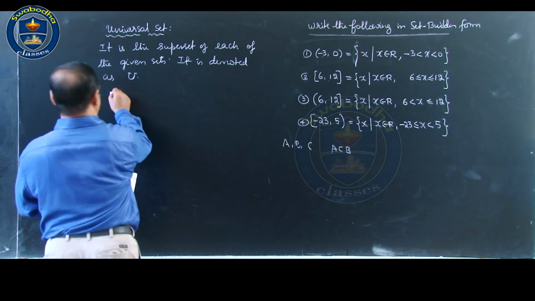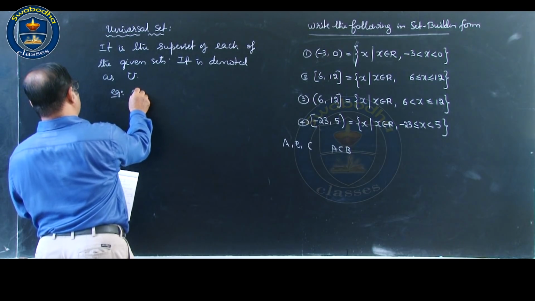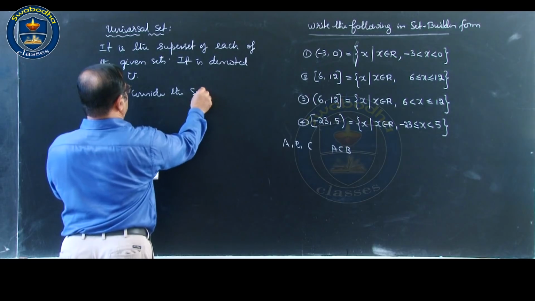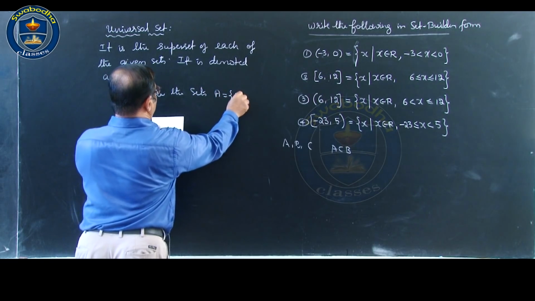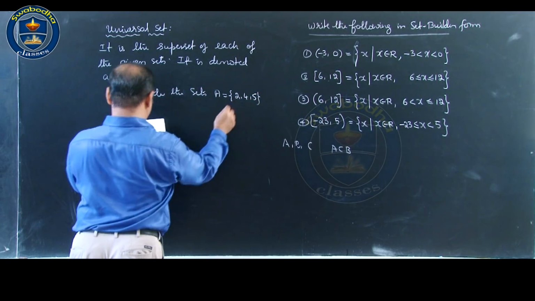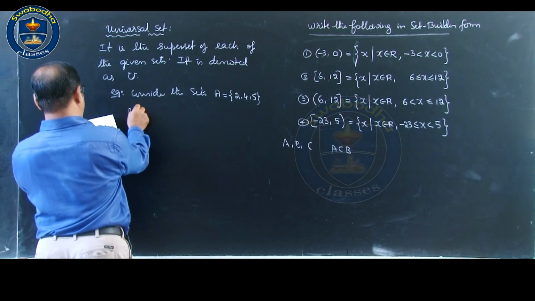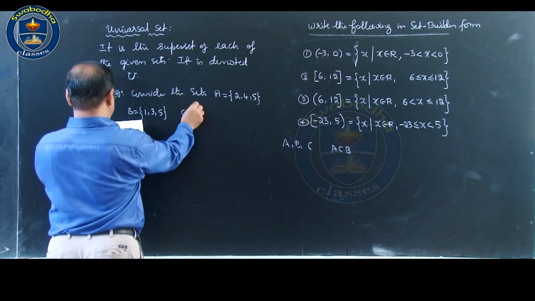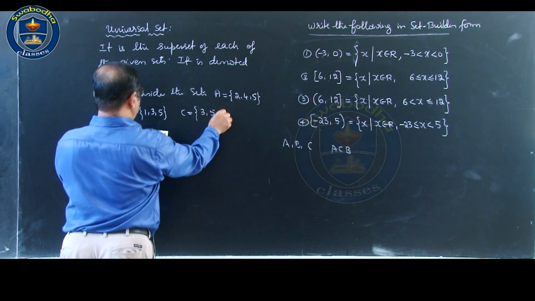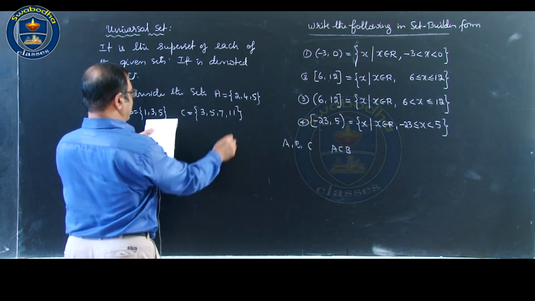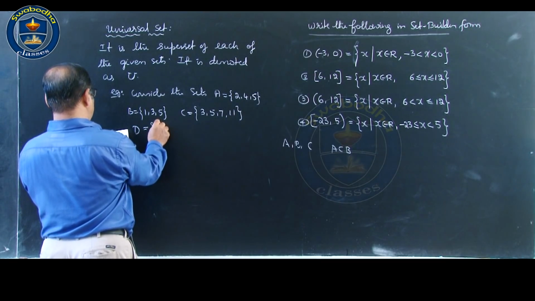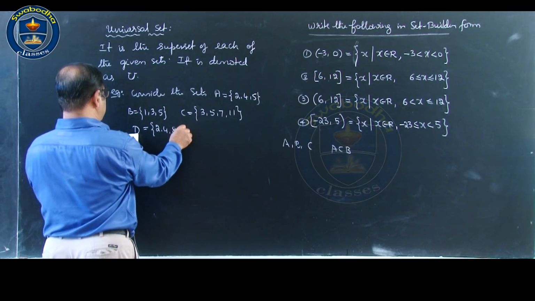Now for example, consider the sets A = {2, 4, 5}, B = {1, 3, 5}, C = {3, 5, 7, 11} and D = {2, 4, 8, 10}.